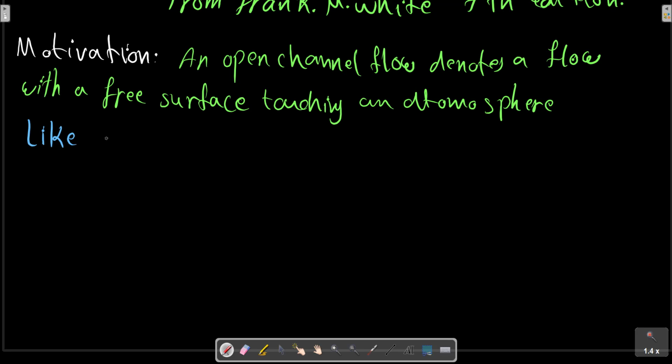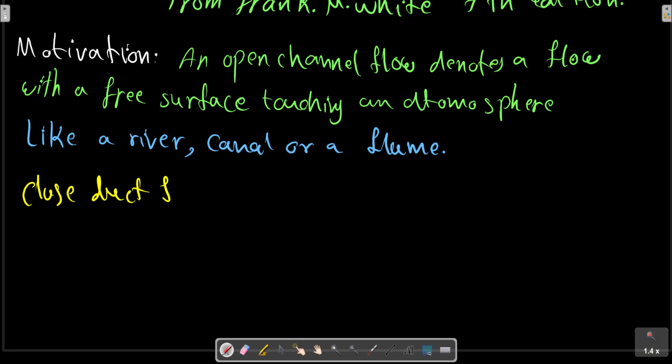Like a river, canal, flow, closed duct flow that was described in Chapter 6.